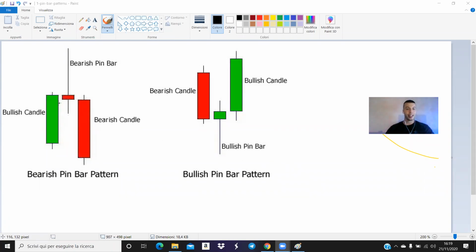And when I see a pin bar, I don't wait for the other candle. So in this case, this one, if you're looking for sell, or this one, if you are looking for buy, I don't wait for that one, because you can miss out on many pips just by waiting. So it is a little bit more risky, but a very good risk to reward ratio.